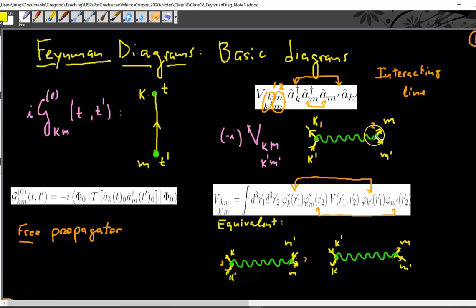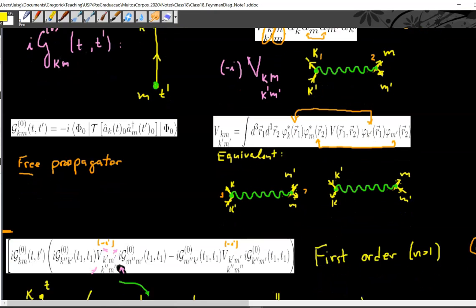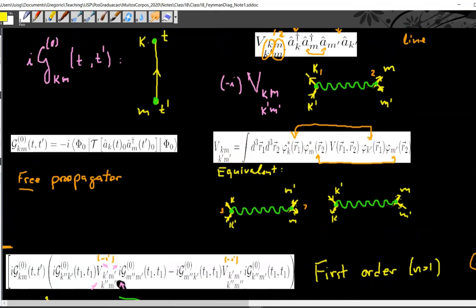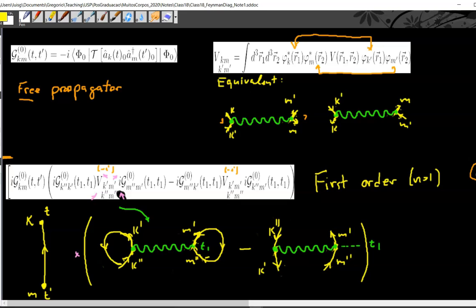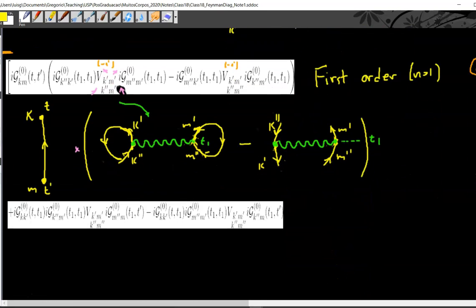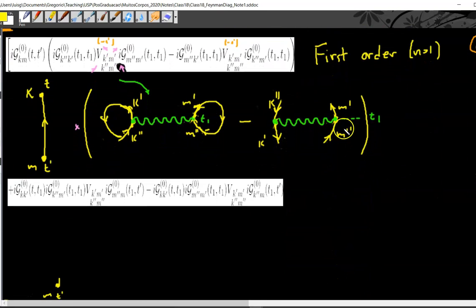So they happen at the same time. This is of course an approximation, because essentially the velocities of electrons in materials are much smaller than the velocity of light, so it is as if this interaction occurs instantaneously here.